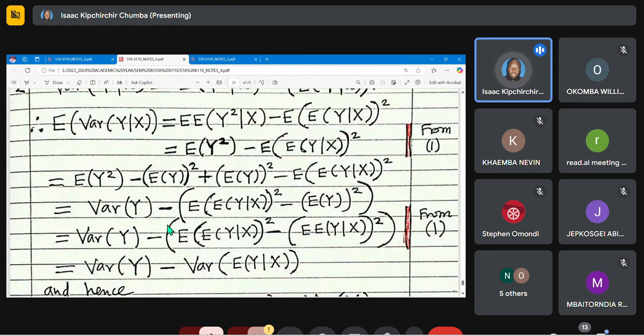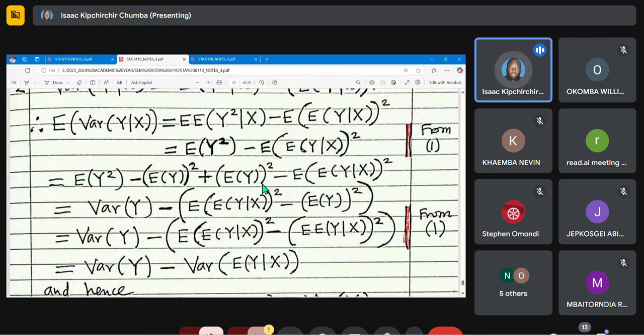But when I do that, I should be able to observe that whatever I have here, I have variance of Y, because it's the second moment minus the square of the mean. So this is actually Var of Y. This is Var of Y. And then I factor out a minus here.